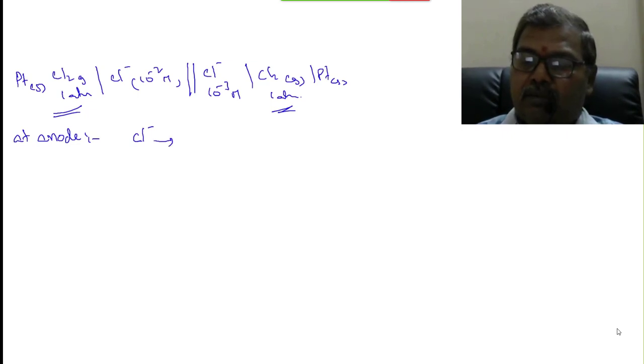Cl minus gives rise to half Cl2 plus electron, and the reaction at cathode is a reduction reaction, is it not?